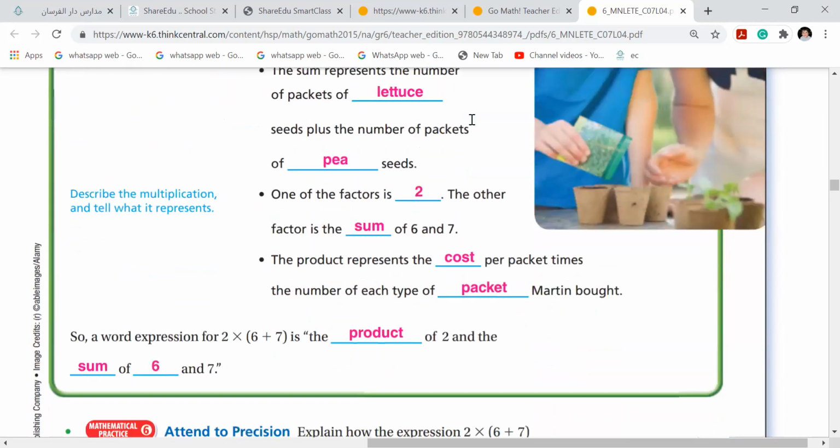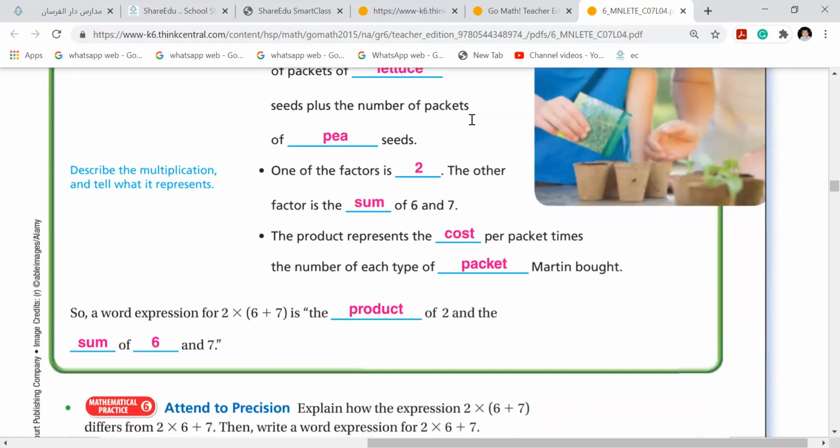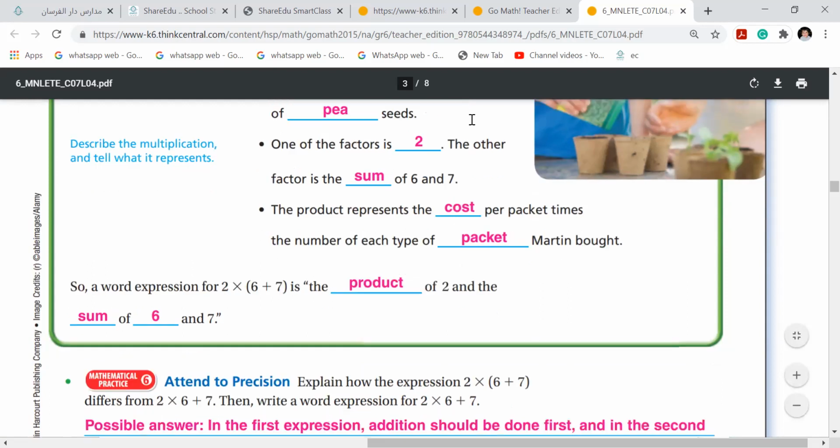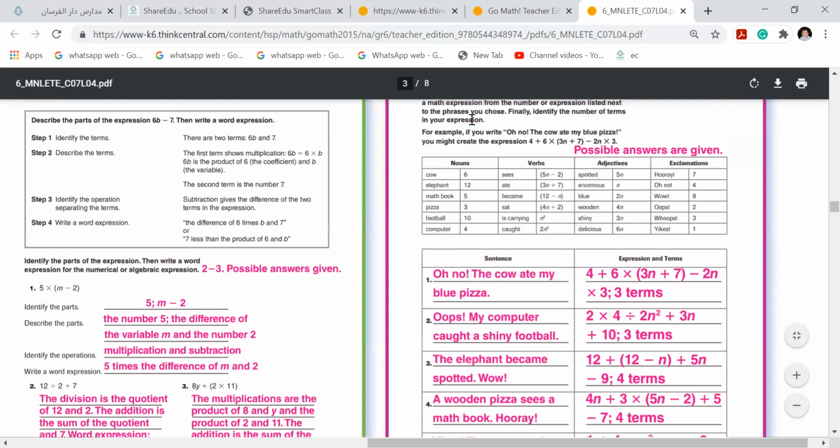Yeah. Finished? Yeah, Miss, I'm done. Okay.